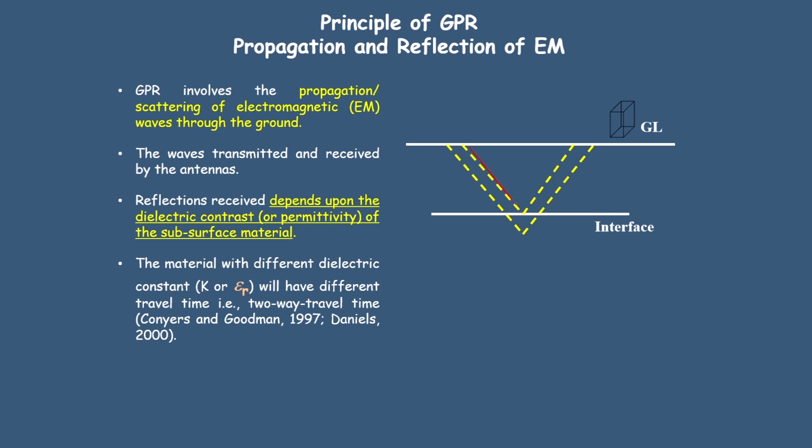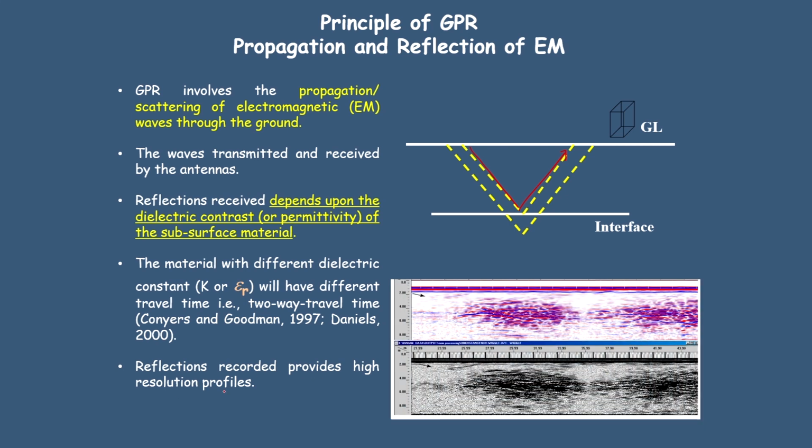So, this is taken back here. This is the two-way travel time we usually measure, and the reflections recorded provide a high-resolution profile. It will not exactly give you the picture of the subsurface, but it will give you the reflections coming onto the surface.